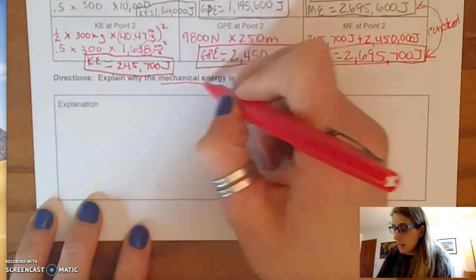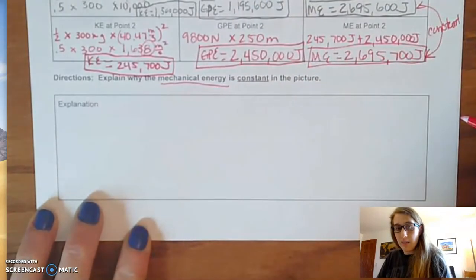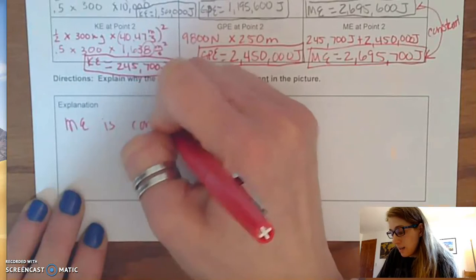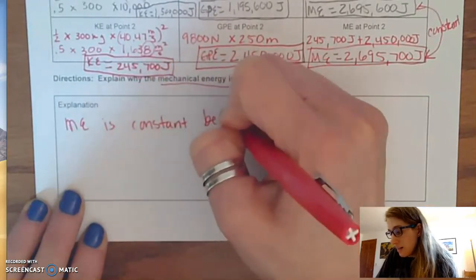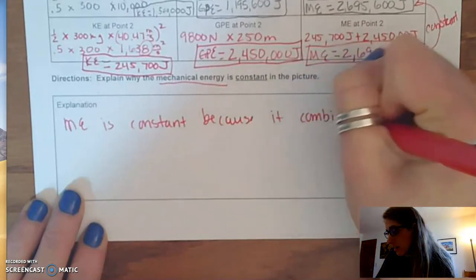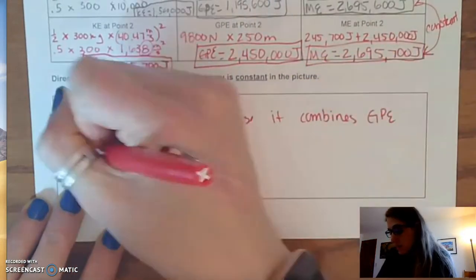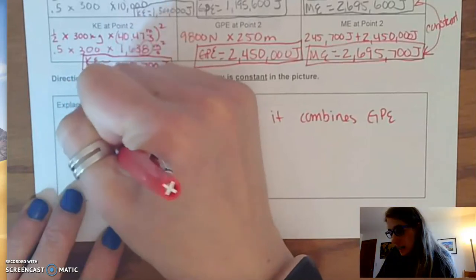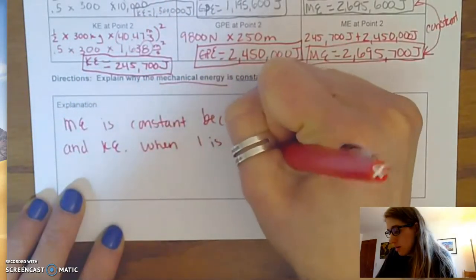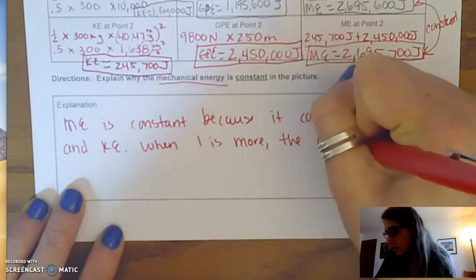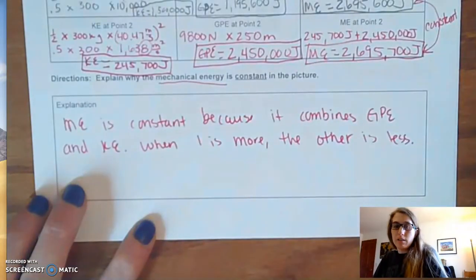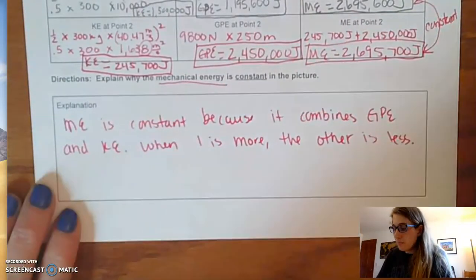Why is the mechanical energy constant in the picture? Mechanical energy is constant because it combines gravitational potential energy and kinetic energy. When one is more, the other is less. That's that inverse relationship that we talked about.